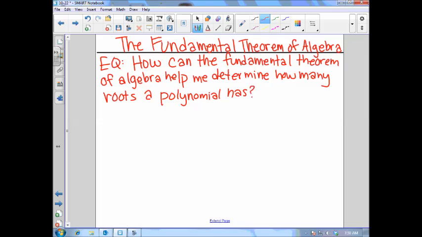How can the fundamental theorem of algebra help me determine how many roots a polynomial has?